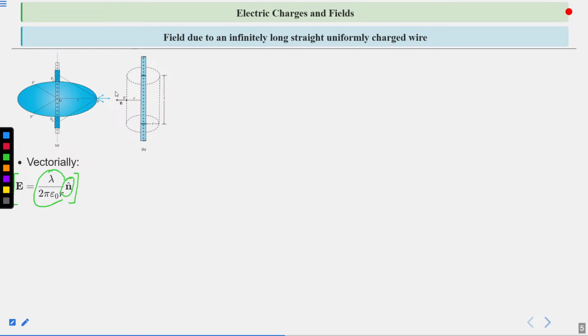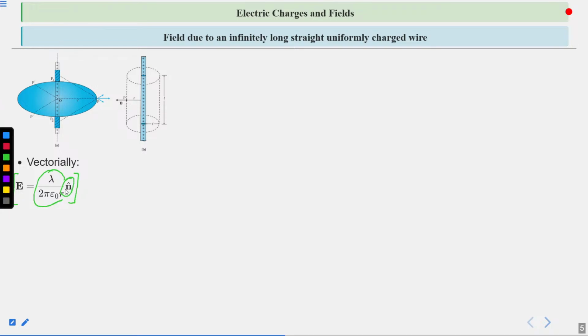We know the direction of electric field is radially outward, and the direction of area element is also outward, or perpendicular to the line element. So this is the vector form: E is equal to lambda divided by 2 pi epsilon naught r n cap.